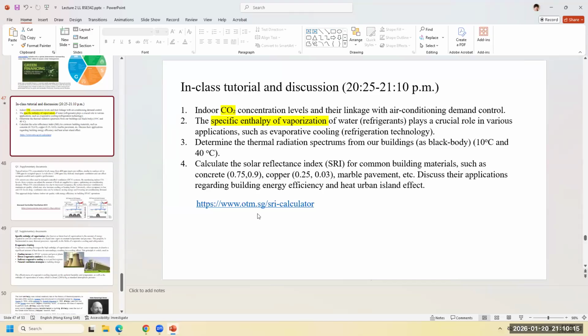So copper knows how to reflect solar irradiance, but we can see it's without any treatment. Its thermal emissivity is only 0.03. That's the figure. That's why outdoor copper pipe is also very hot. Then how hot is it? Let's check.